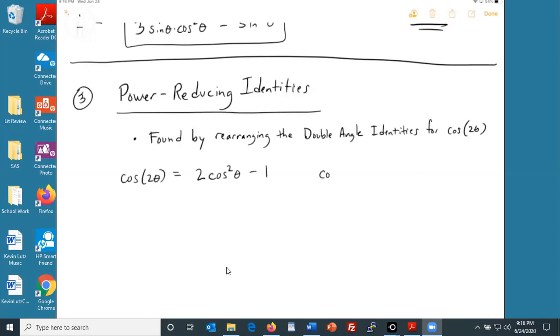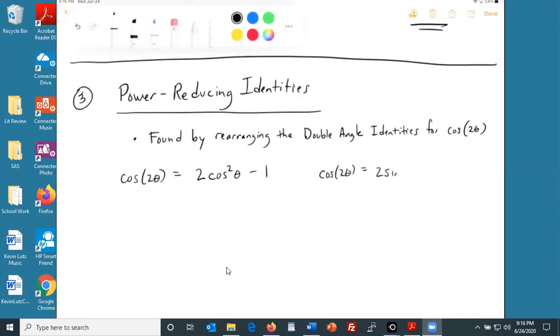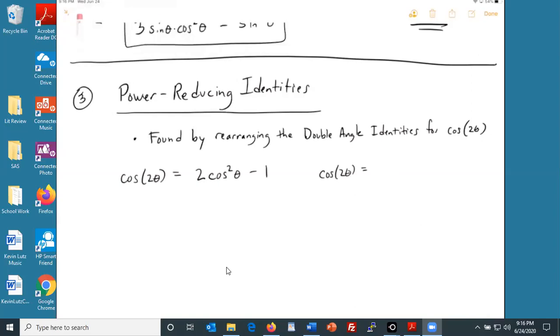And also, cosine of 2 theta is equal to 1 minus 2 sine squared of theta. And what we're going to do is solve for the squared term.